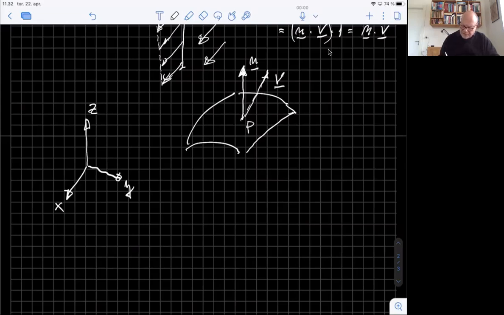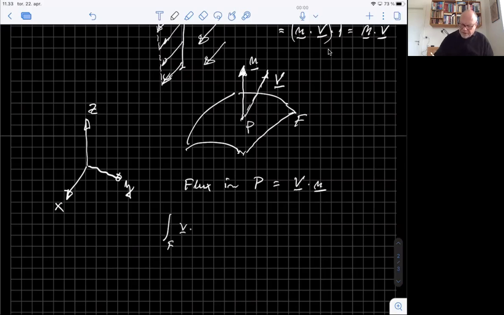Then the flux in the point P is equal to the projection of the vector field onto the normal vector. That is, it's this dot product. And then if this is the surface F, then the total flux is the integral over F of this dot product.